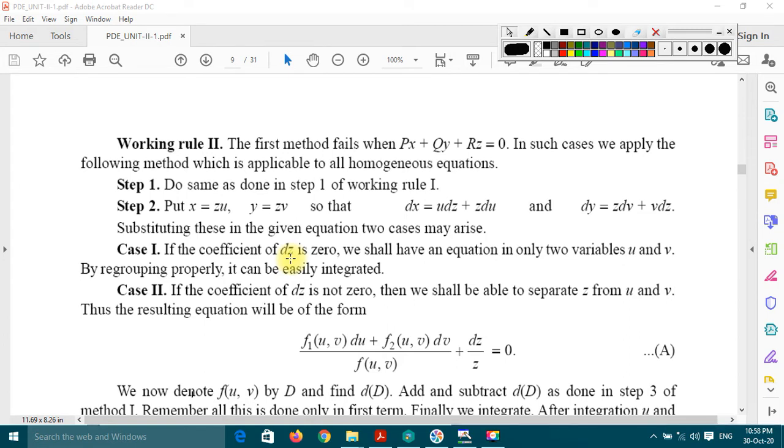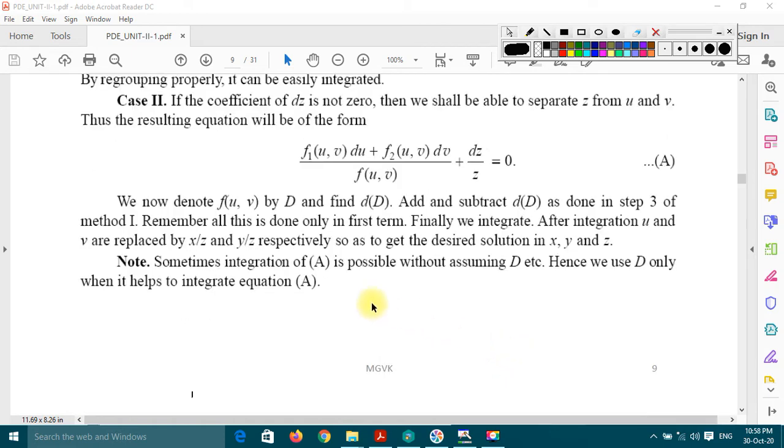We get the solution. If the coefficient of dz is non-zero, then we shall be able to separate z from u and v. Thus the resulting equation will be of the form (f1(u,v) du plus f2(u,v) dv) upon f(u,v) plus dz upon z is equal to 0.